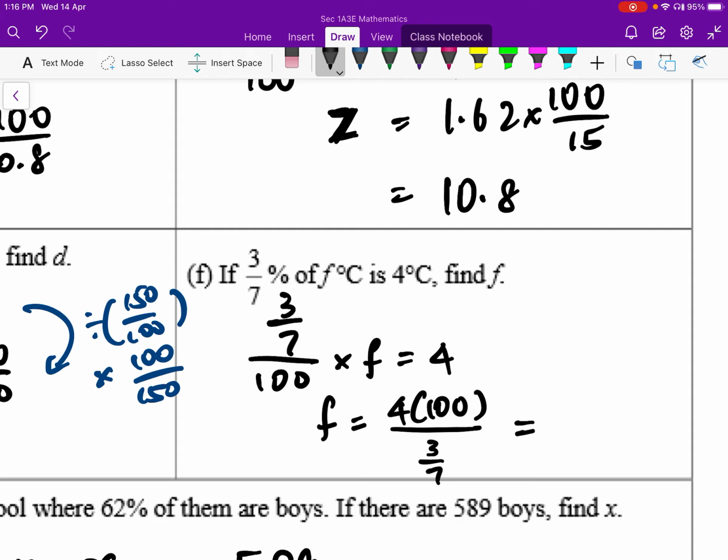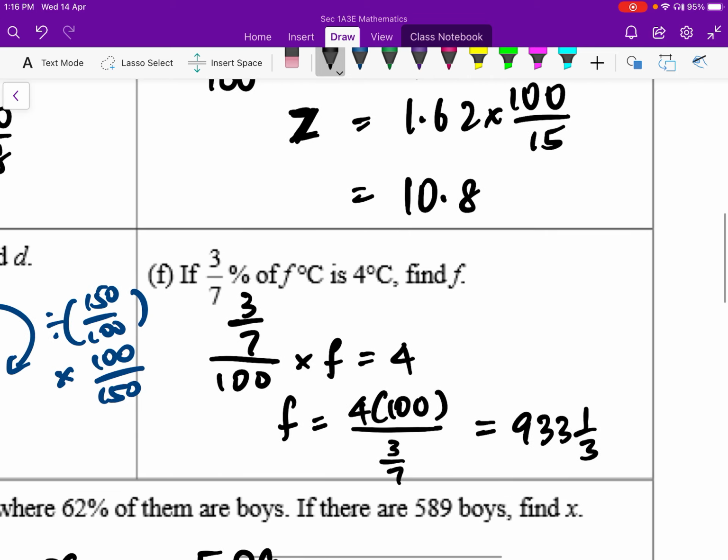So 400 divided by a fraction 3 over 7 is 933 1 over 3. Okay, and I'm choosing to leave it as a mixed fraction over here, instead of putting it as a decimal, then you round off, then it's no longer exact. So the golden rule is, if it is exact, you leave it as exact. Can?